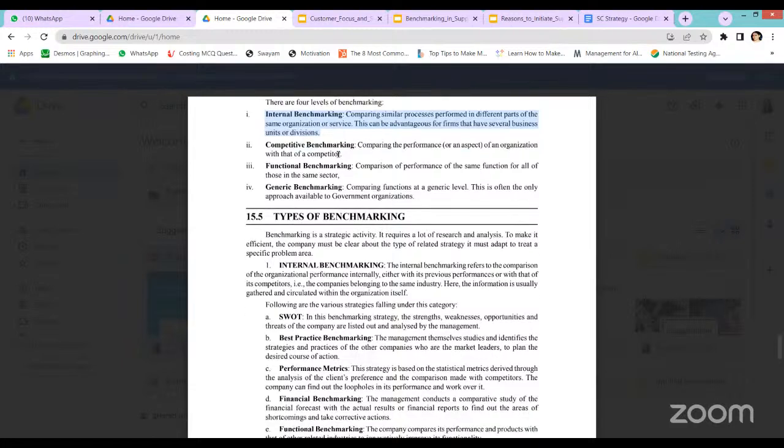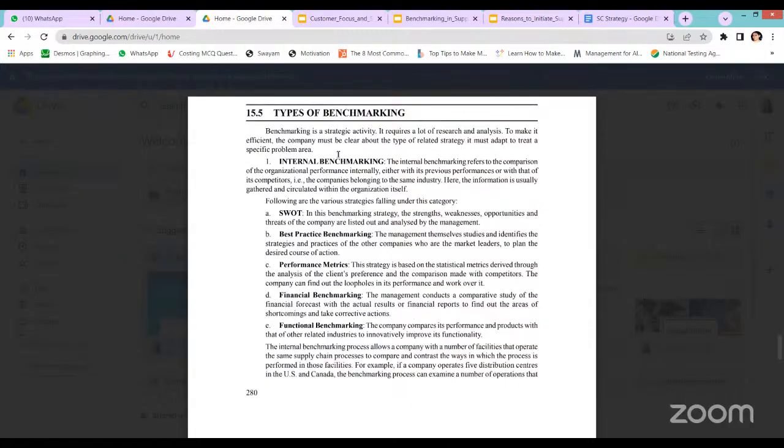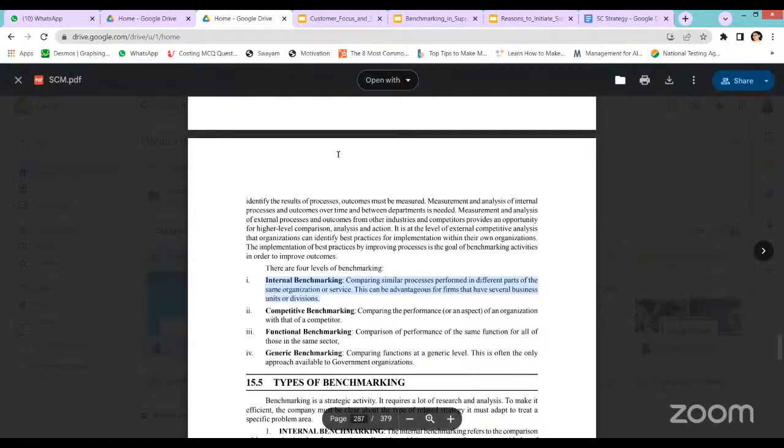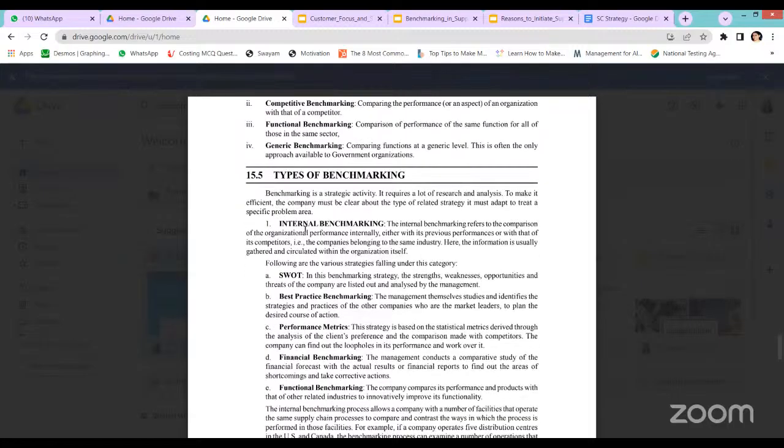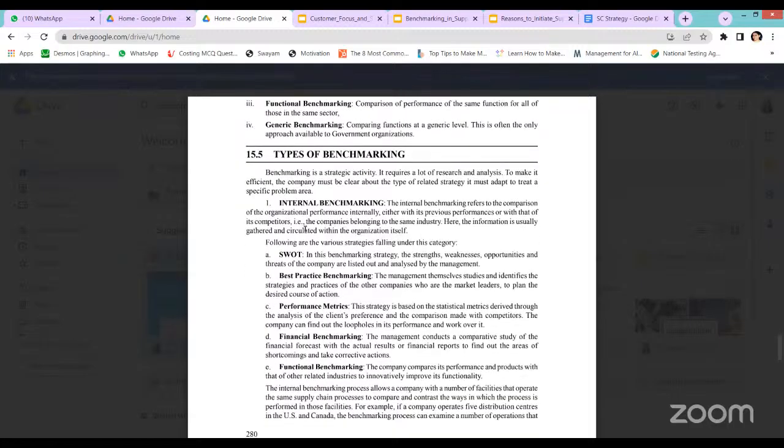Next, types of internal benchmarking. If you are benchmarking at these levels, for internal benchmarking, how do we establish it? How do we measure? Benchmarking is measuring your performance so that by comparing, you will know how best you can do it, and improving that performance again and again.